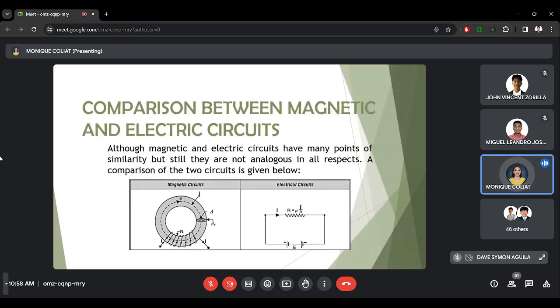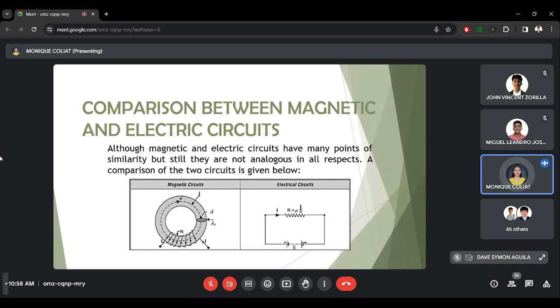One, the current enters here, then exits here. When you apply current there, it will produce a magnetic field. Then in this ring, coil, we have the area, the flux, the relative permeability, and all the parameters we already discussed.